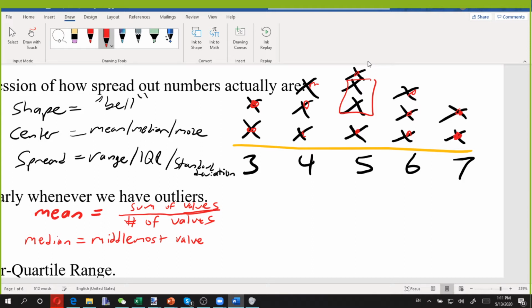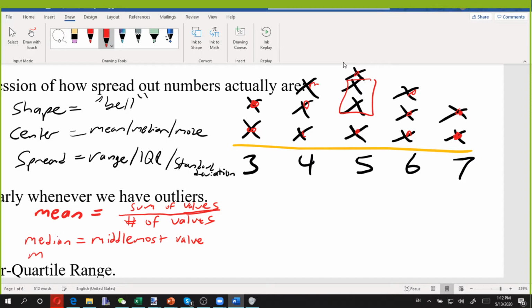Add and divide by 2. Perfect. So if you end up with an even number of values, then I would take the average. So the median of this set is 5.